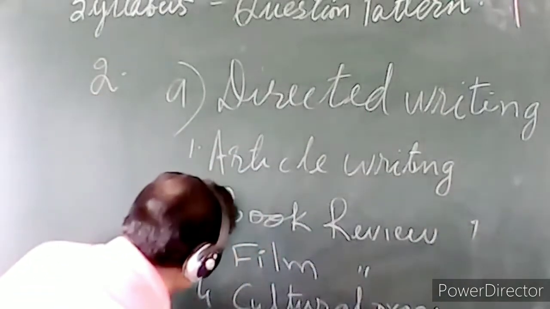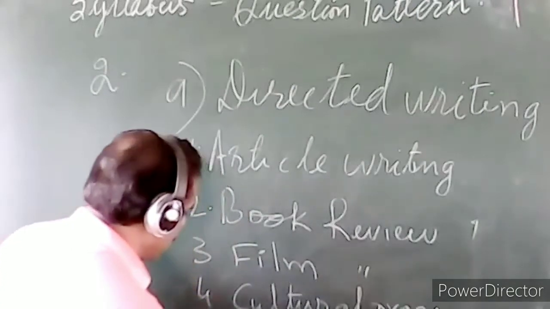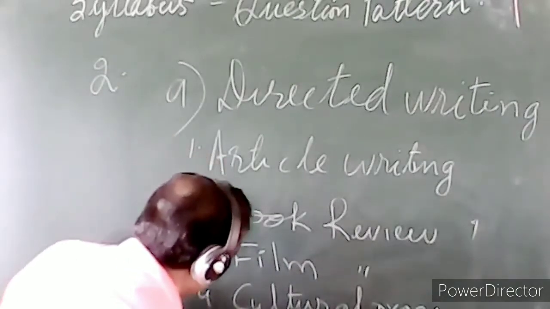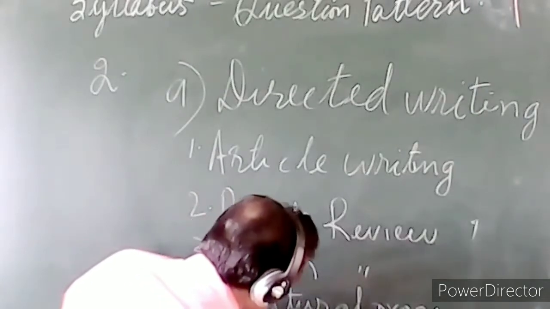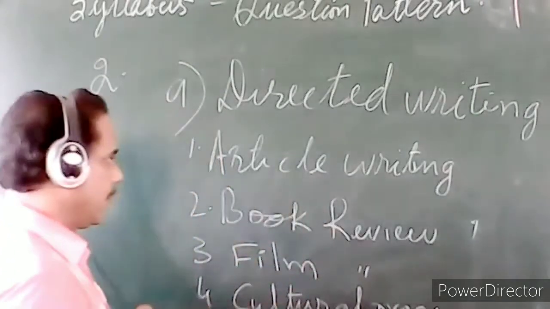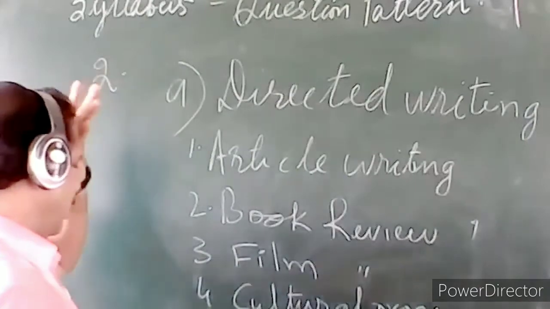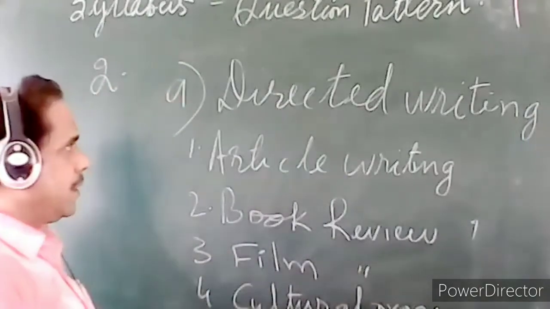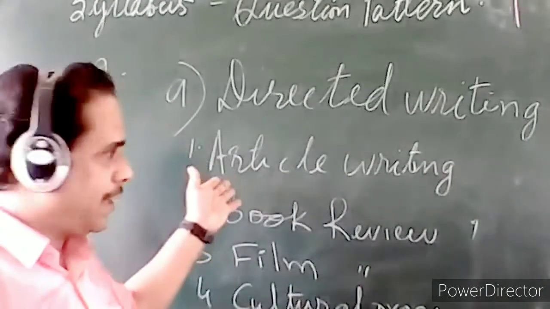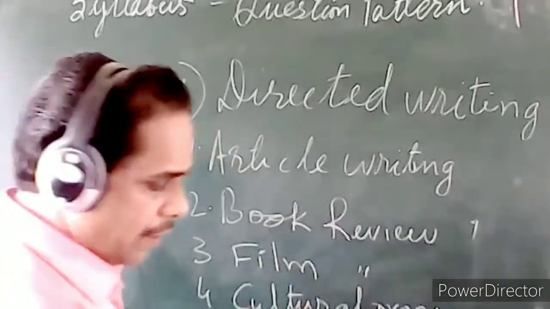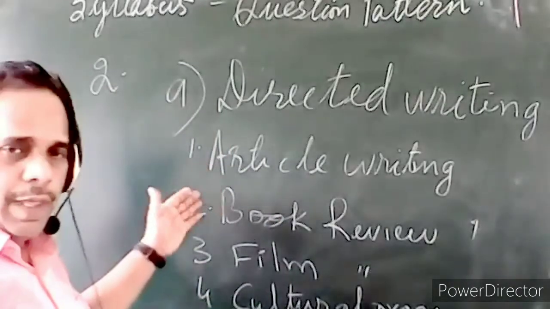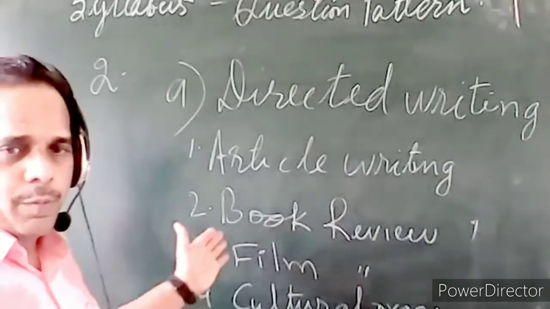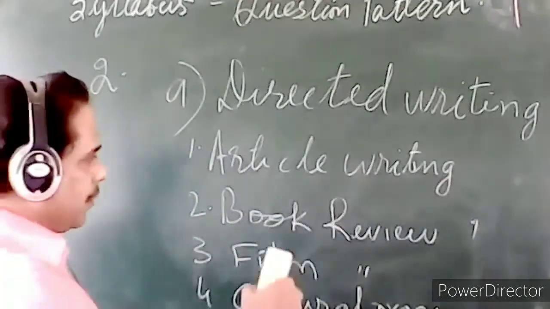Then you have the 4th one, reporting. So write a report. 8 are there. The board will not be seen, so first you write down this one. Afterwards, you have already taken note of article writing, 3 reviews: book review, film review, cultural program review. The 4th one is report.